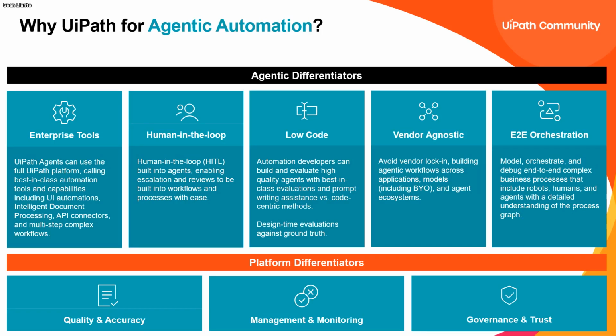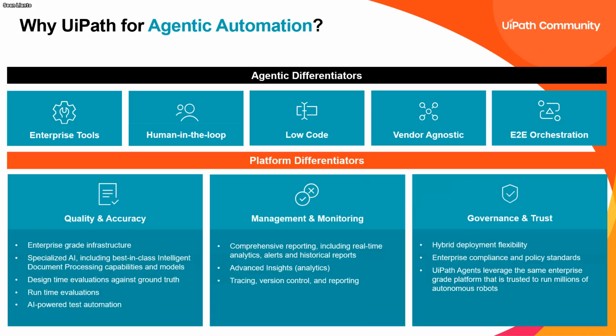It's about UiPath Maestro. And in terms of the platform differentiator itself, with UiPath you have enterprise-grade infrastructure. You have specialized AI available. You have a scalable solution within Automation Cloud itself. You have comprehensive monitoring and reporting. You're able to see usage as well, in terms of analytics, audit logs, and so on.